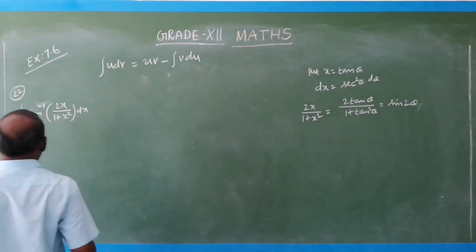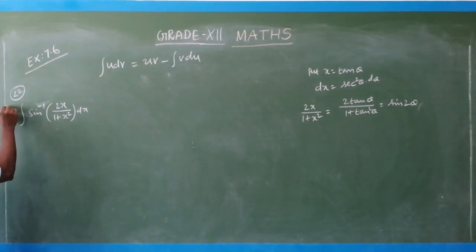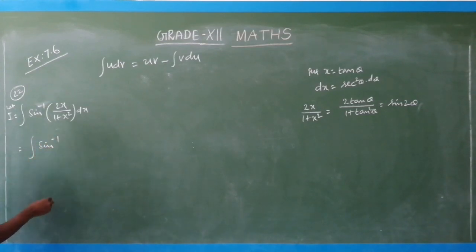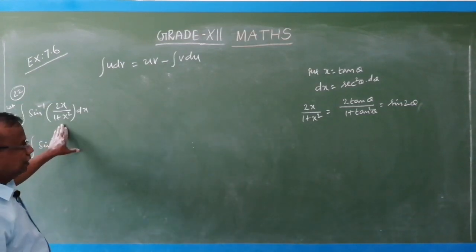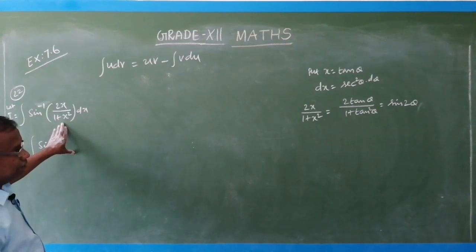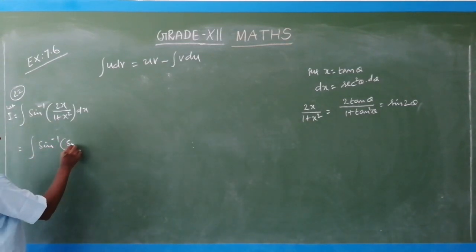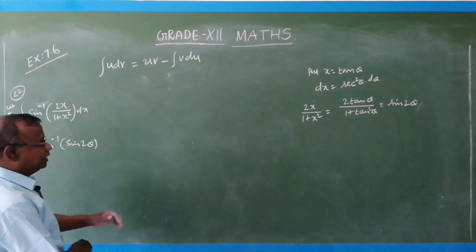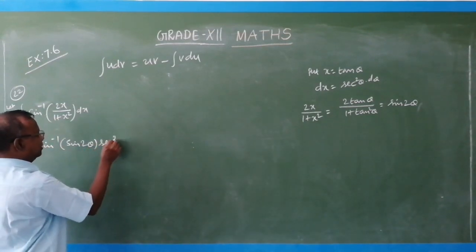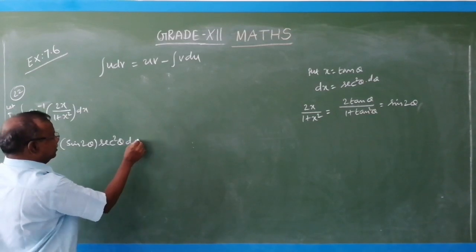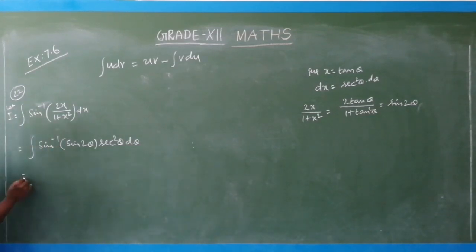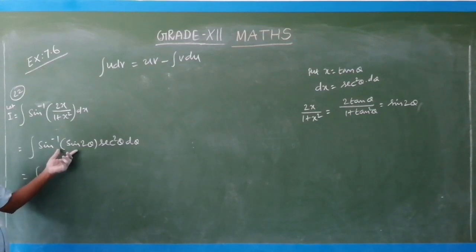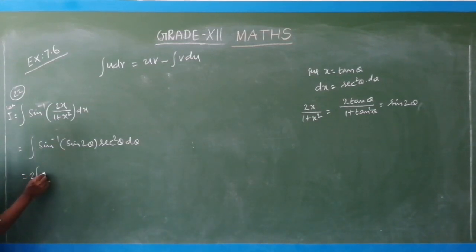So, substituting all those values here, let us take this as I, and this will be integral sin inverse of, instead of 2x by 1 plus x square, we can put sin 2 theta, and for the dx we can replace secant square theta d theta. So, this is equal to, the inverse and sin will be cancelled, that is 2 into theta into secant square theta into d theta.